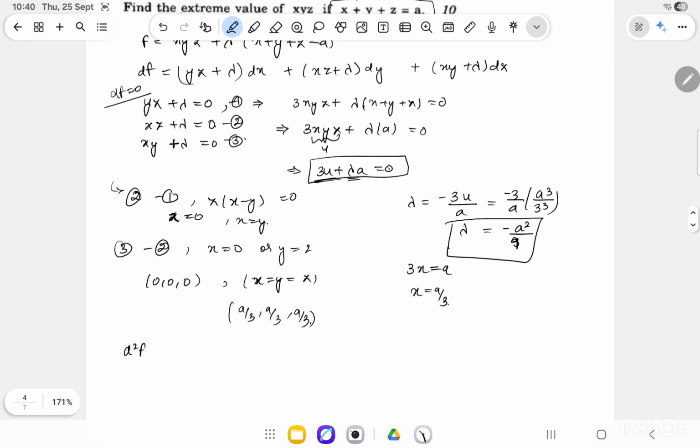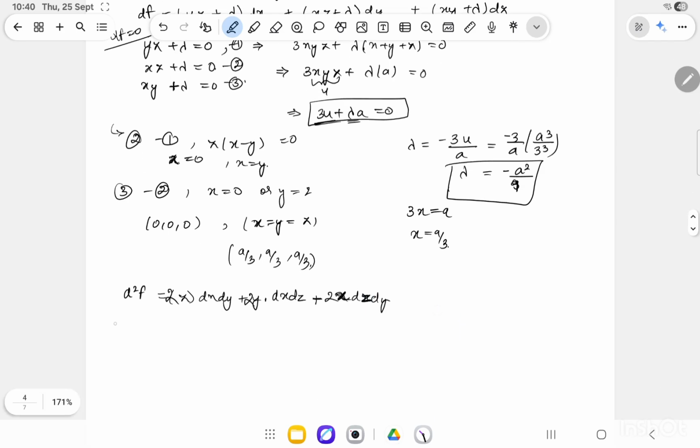Now you can find d square f and check its sign, whether it's greater than 0 or less than 0. If we calculate d square f, it will be 2 times z into dx dy plus y into dx dz plus x into dy dz.